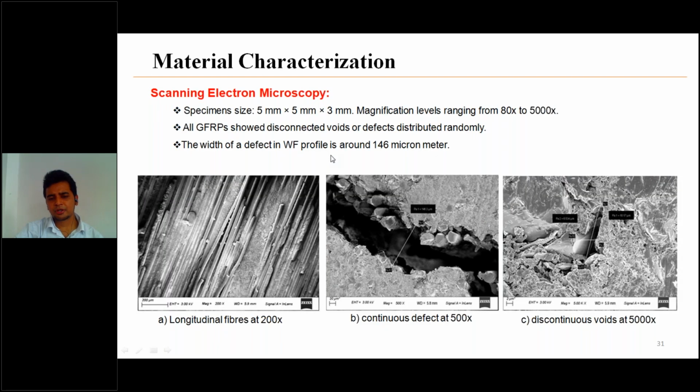The width of the defect was around 146 micrometer. This may hamper the behavior because micro cracking may start from this crack. So a remedy may be to reduce the defects and faults during the manufacturing process itself.